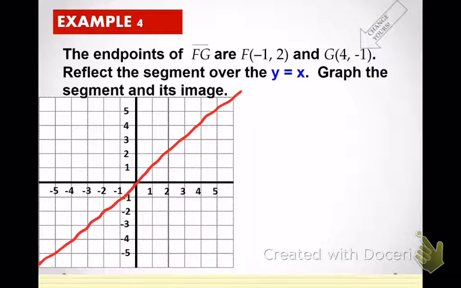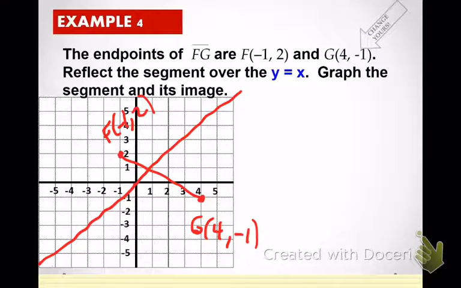We have F at negative 1, 2, and G at 4, negative 1. There's our line. We're going to reflect it across y equals x.